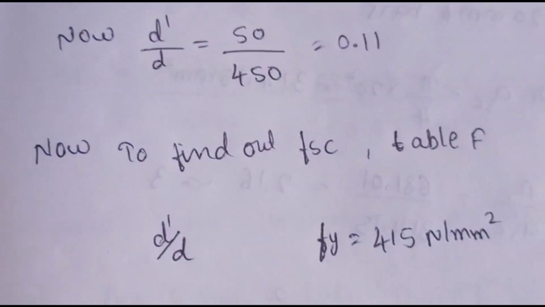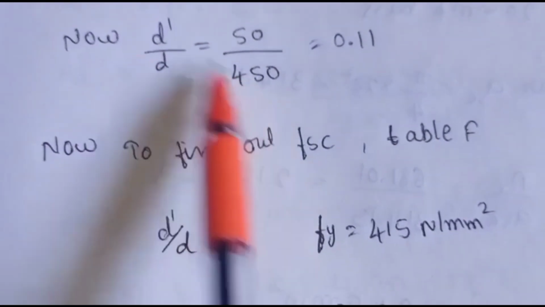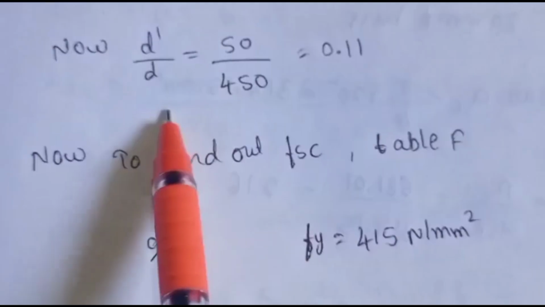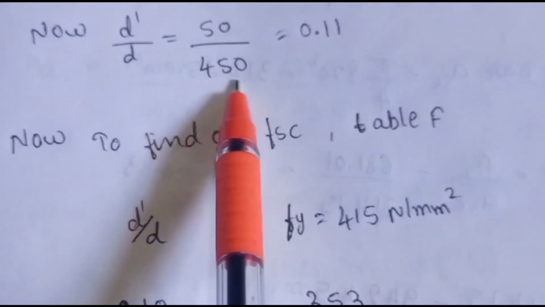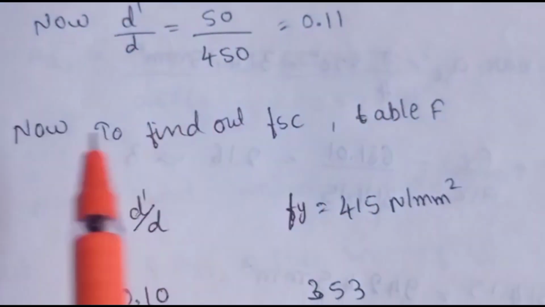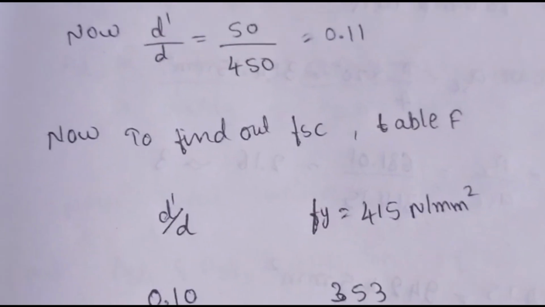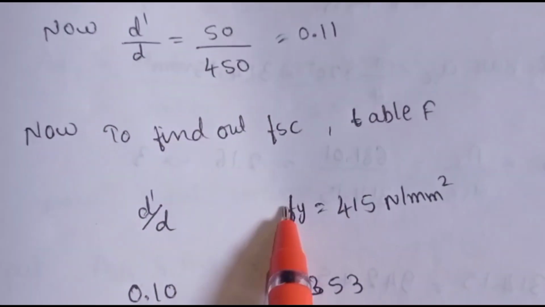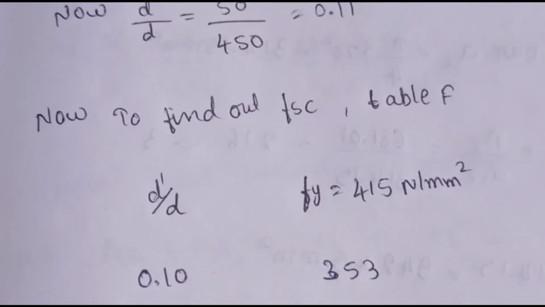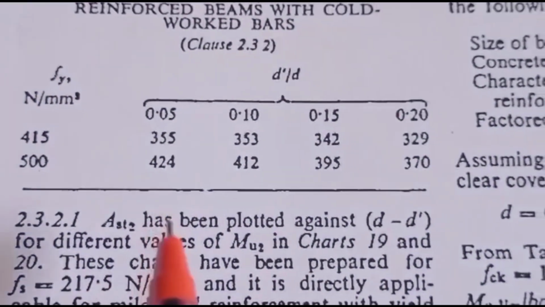Before going to SP16, we'll calculate d dash by d. Our effective cover value which we have taken is 50 mm and our D provided is 450 mm. Simplify this, we'll get 0.11 as our d dash by d value. Now to find the fsc value, we use Table F in SP16. This is page number 13 of SP16.